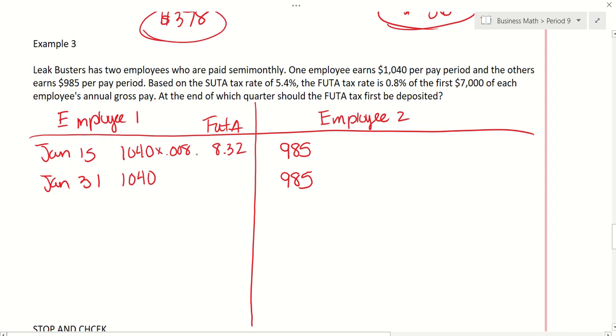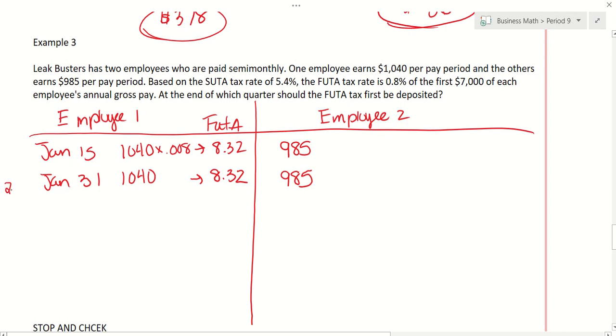So we're multiplying these to get this. So every single pay period, they're paying $8.32. How far do we go though? We need to figure out when we're going to hit 7,000. So we think about here, 1,040, 1,040. We're at 2,080 here, right? So we're not at 7,000. So we have to keep going.